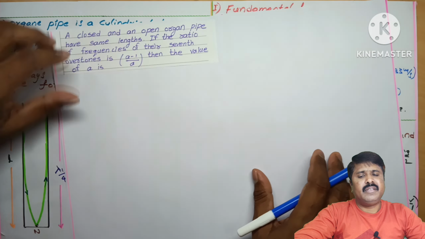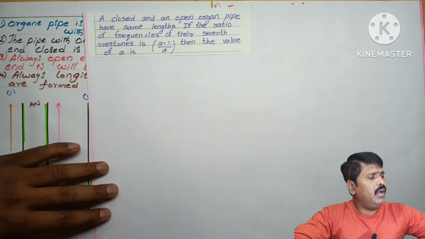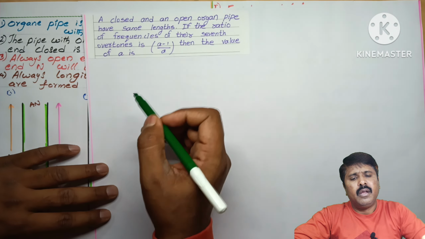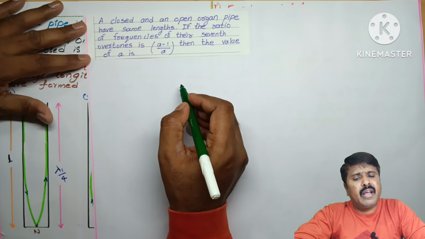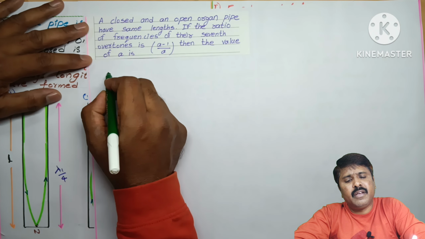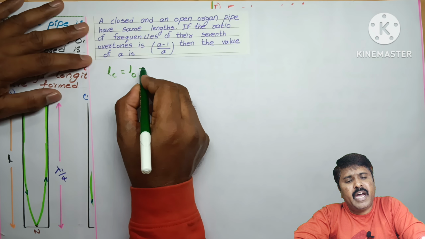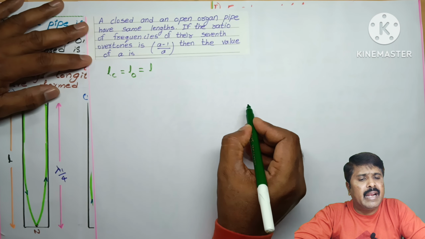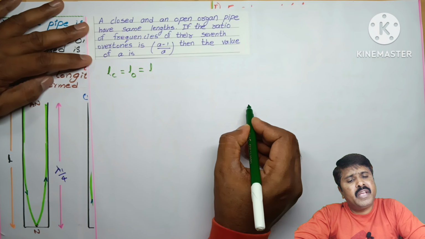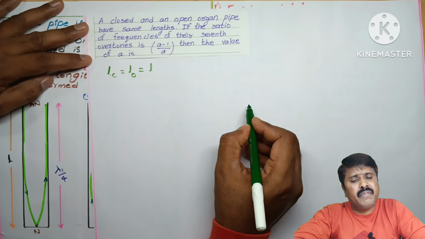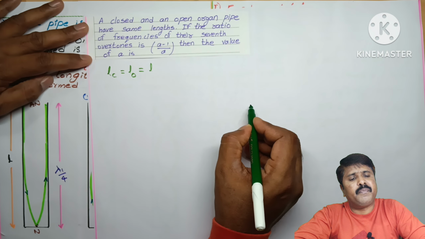Okay, and in this problem, a closed and open organ pipe have the same length. Closed organ pipe and open organ pipe have the same length L. The ratio of their frequencies in the 7th overtone is given.